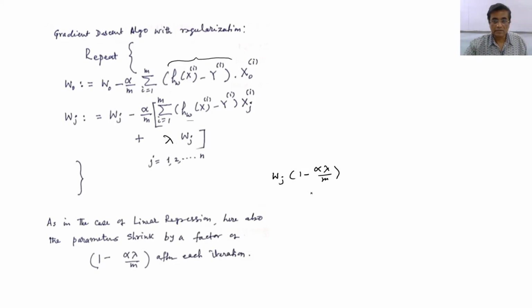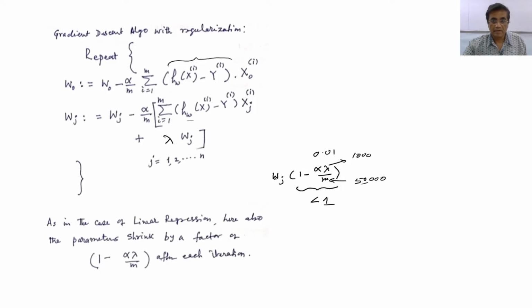This value is much less than 1, because alpha is the learning rate, which is say 0.01, and m is normally say 1000, 2000, whatever, a large number of samples, 50,000 or whatever. So normally this is much less than 1.